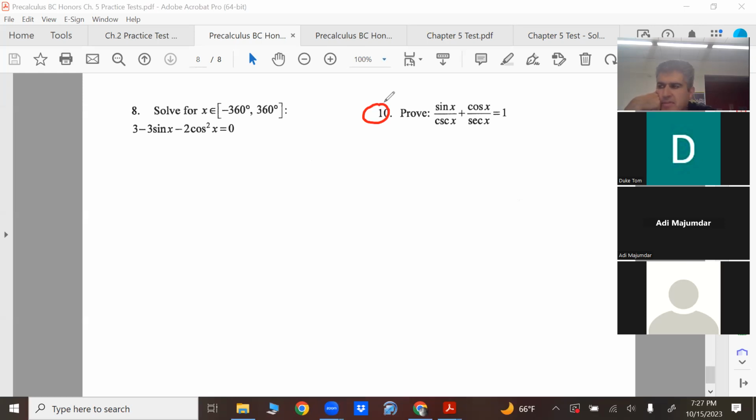This will be the last one we'll do for tonight. So you should have sine x. It's actually pretty easy, guys. This is one of the easier ones.